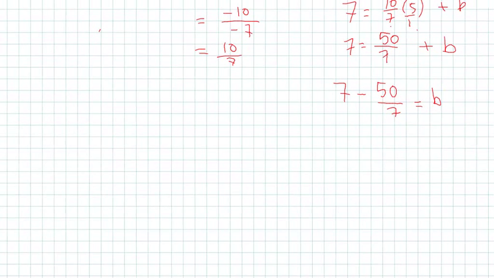What would be the same denominator for 1 and 7? What would be your lowest common denominator? 7. So if I want 7, what do I multiply 1 by? Whatever I do to the bottom, I have to do to the top. So 49 minus 50, and that is your b.